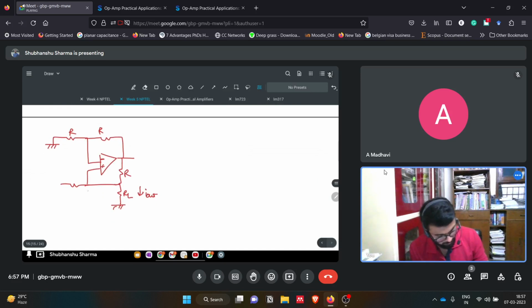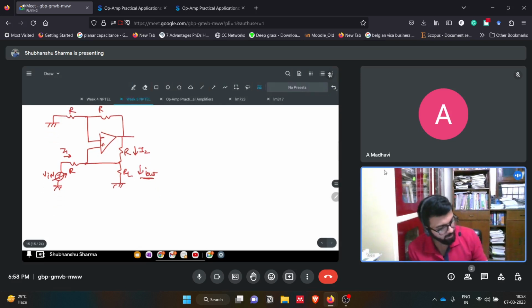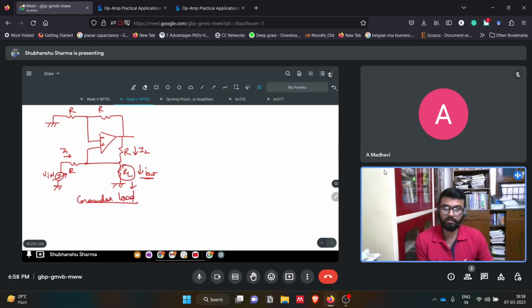This is R, and this is V input. Once we apply V in, based on that we change I out. This is I2, this is I1. Here this is a grounded load. Why are we saying grounded load? Because our load is grounded here.